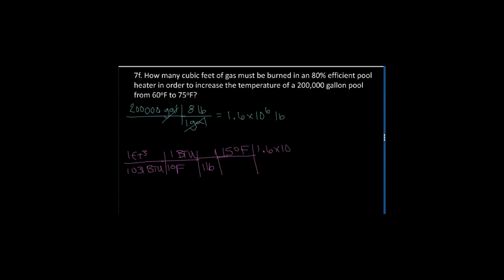So I'm just looking at the conversions I have and figuring out what I need to do to get where I need to be. And I know that I want cubic feet as my answer, so I need to have that at the top, right? So we have 2.33 times 10 to the 4 feet cubed.